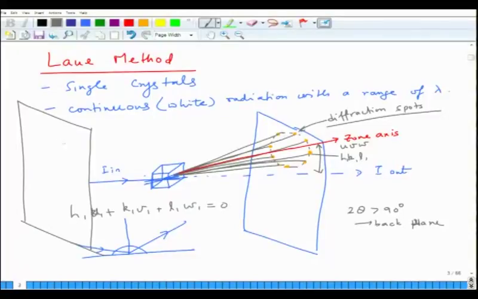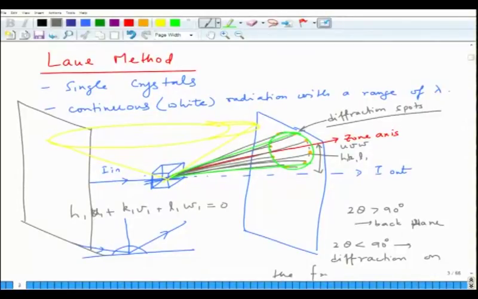The diffraction cone, if I draw using this, would be like this. This would be a diffraction cone, a very big, very wide diffraction cone, whereas for this case the diffraction cone is this kind of cone. Okay. So for 2 theta greater than 90 degree you will have the back plane, and for 2 theta less than 90 degree you will have diffraction on the front plane.